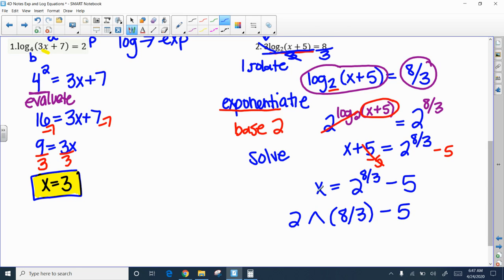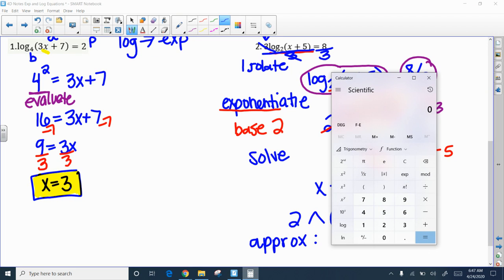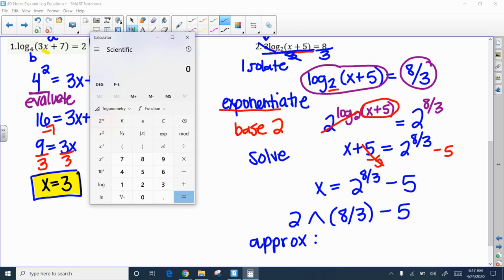Or like I said, we could just approximate this on our calculator. So we can use any scientific calculator that does a power. So I'm doing 2 to the power of, so see the little caret button there, 8/3. I'm using parentheses around the 8/3 just to make sure it gets entered right.